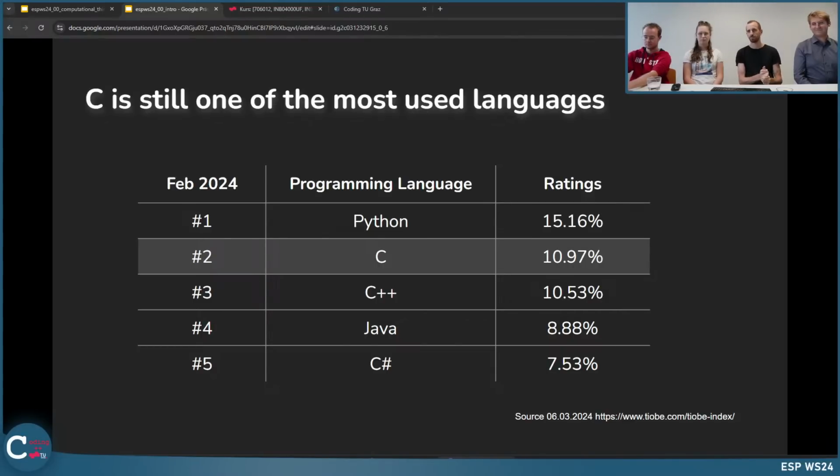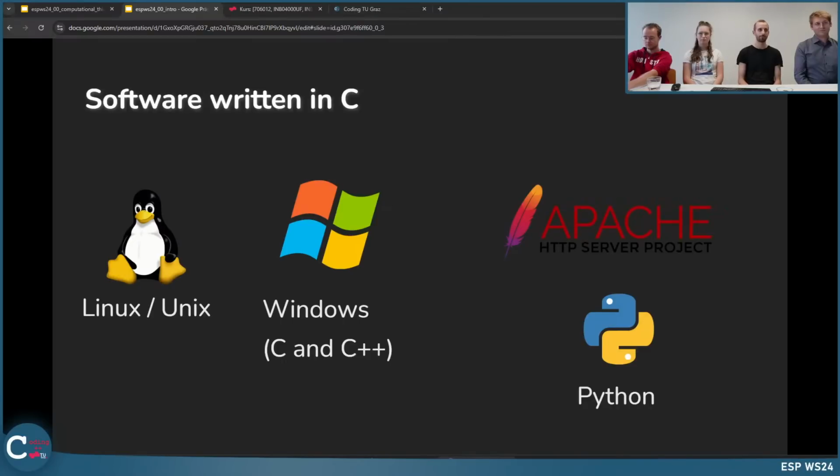It's from March this year, but it was the second most used language in projects, and C is used in a lot of software currently. C is mostly used for operating systems, Linux and Unix systems.